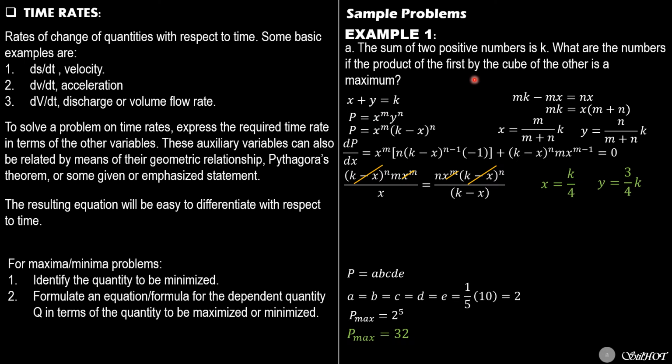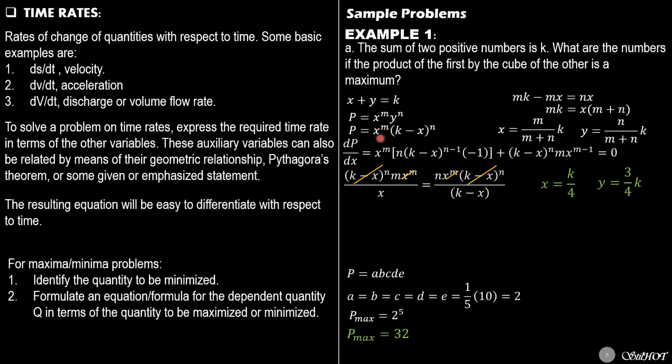In this case, it's 1, and making the exponent of the other number as n. In this case, 3, to generalize the problem. So the product, the quantity to be maximized, is set up first, then replacing y by k minus x in this case.